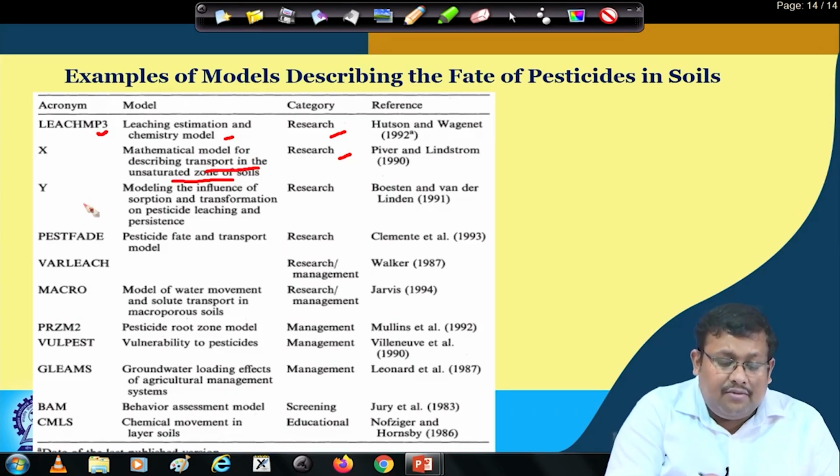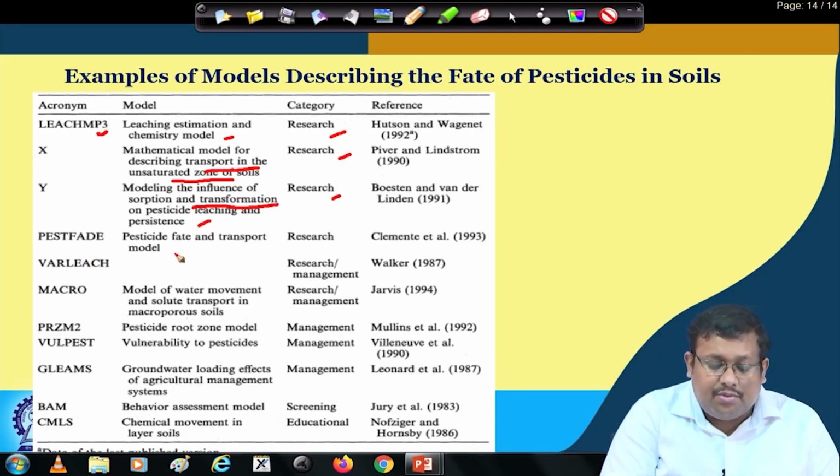Then Y is basically the modeling of the influence of the sorption and transformation on pesticide leaching and persistence, that is a research model. Pest fate is a pesticide fate and transport model, that is a research model. Varleach is a research management model, we have already discussed Varleach.